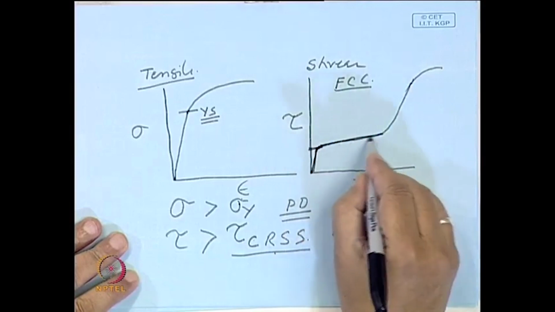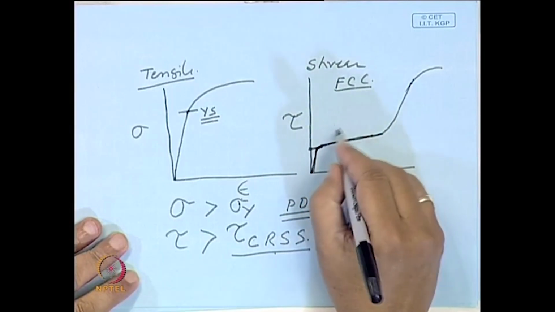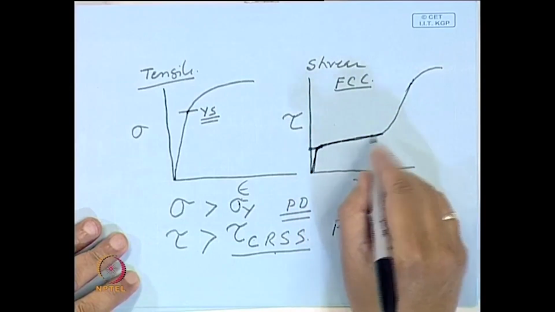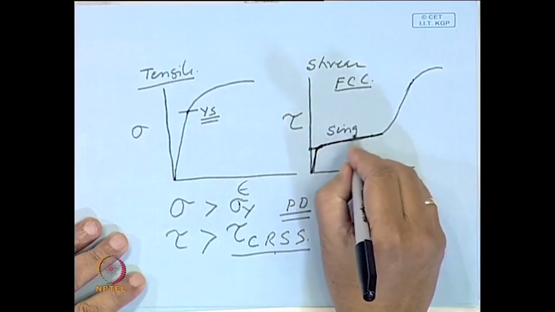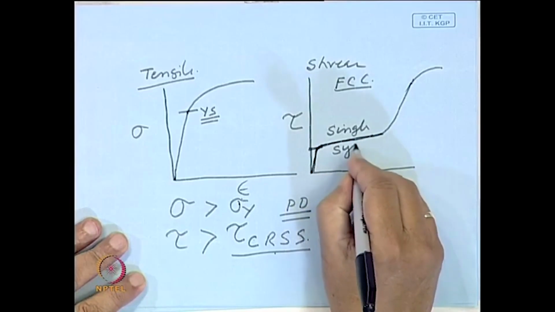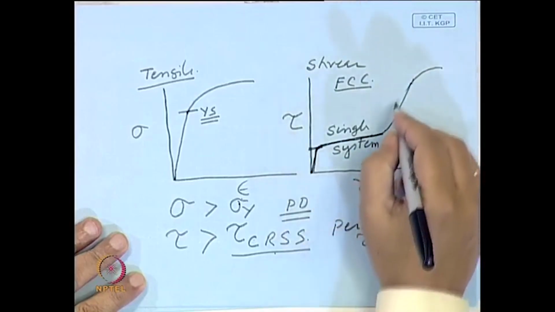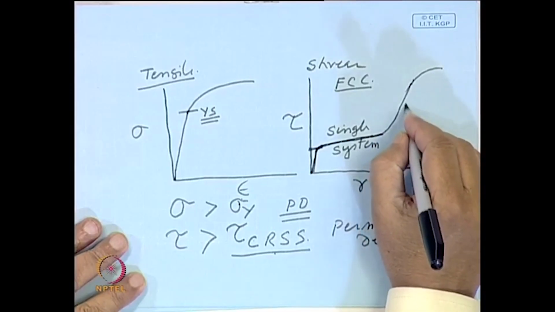Now, here the slip takes place, this is called stage 1. You can say that here the strain hardening is very little, slip takes place on a single system. Here this is a case of a linear hardening region, here you have multiple slip.